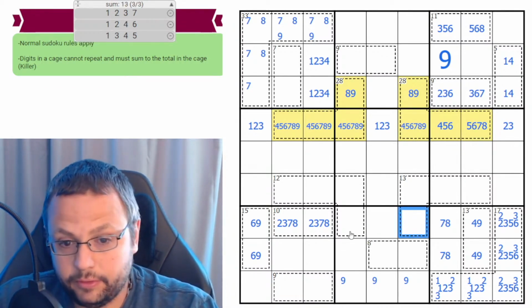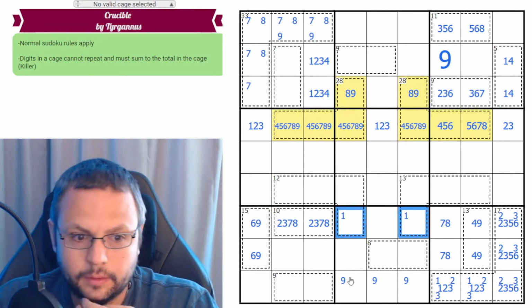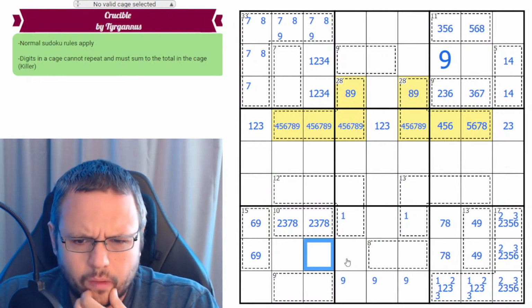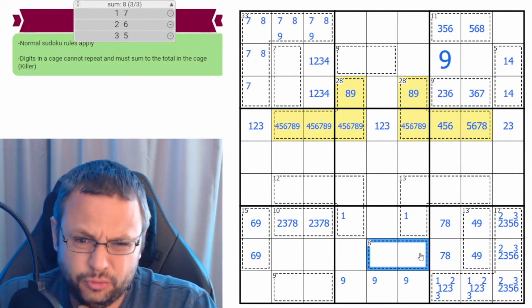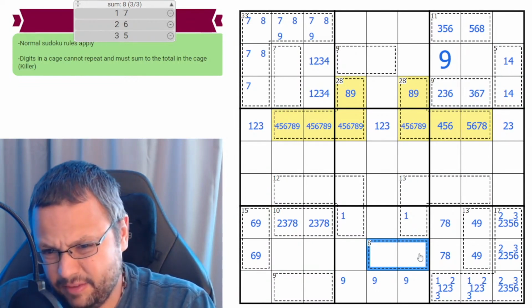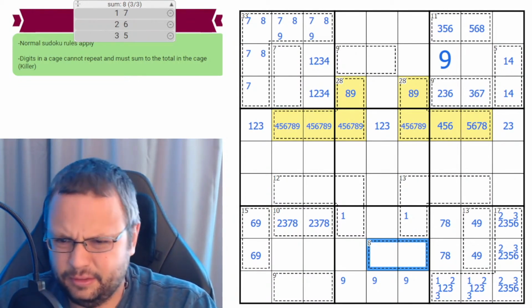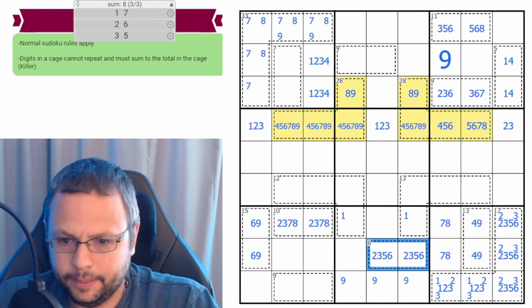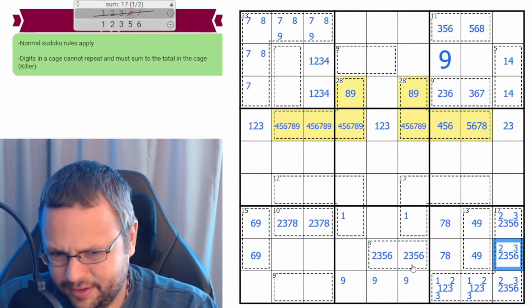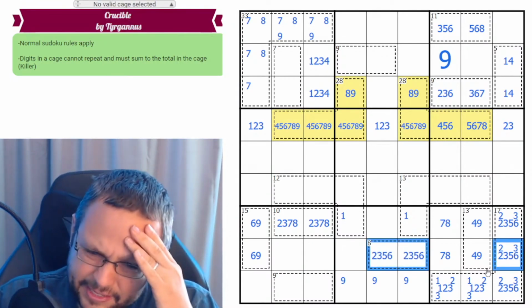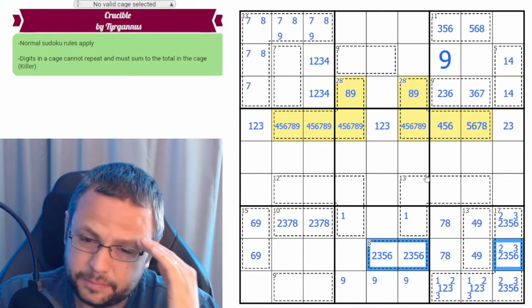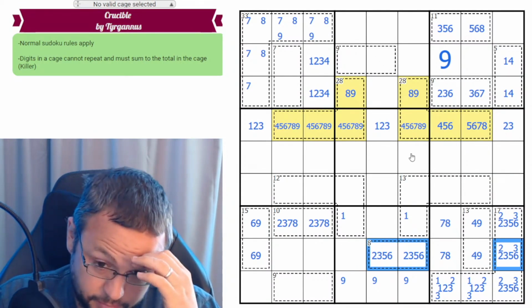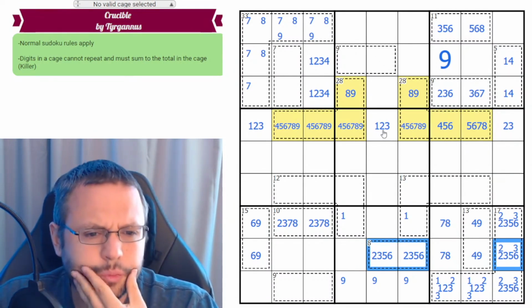We do know one of these is a 1. So this is not 1, 7. This is 2, 6, or 3, 5. It's really weird. So I'm noticing that is aligning with that to give us an almost quadruple. Is weird.